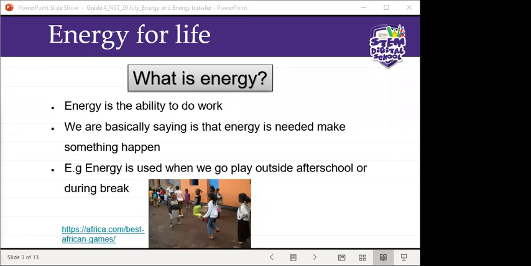So energy can also be in a form of electricity. Yes, ma'am, because when we charge our laptop, phones, and all sorts of things, we use energy to charge them so that they could be filled up so we can use them. All right. Beautiful, beautiful. Thank you very much for sharing that.